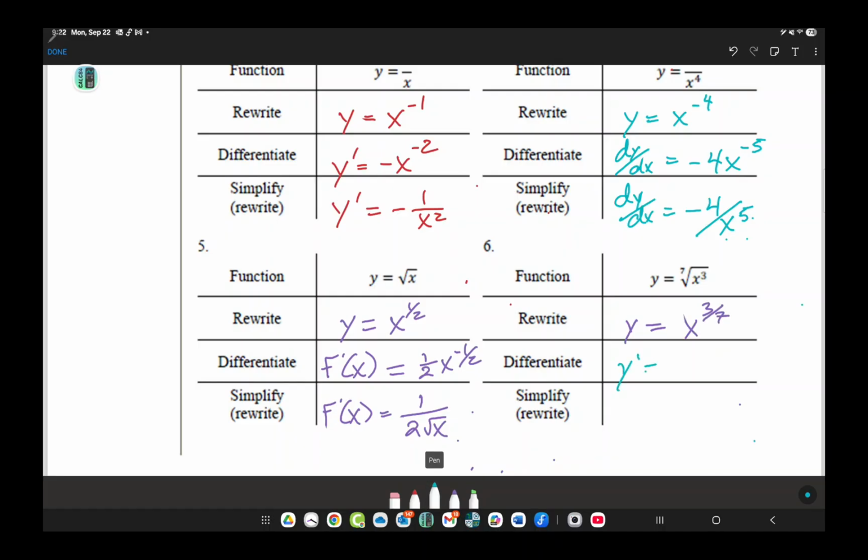So y prime is equal to 3/7 x to the negative 4/7. Y prime is equal to 3 over 7th root of x to the 4th.